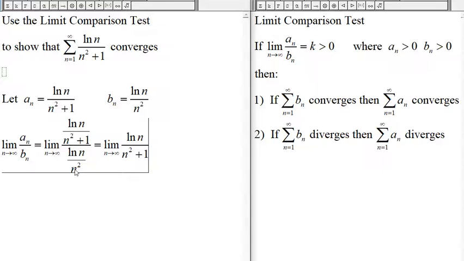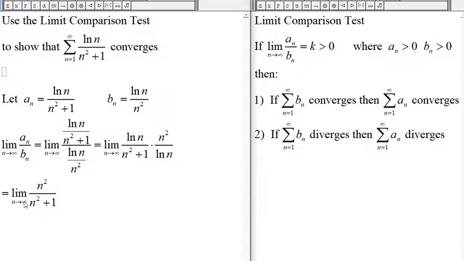Dividing by ln n over n squared is the same thing as multiplying by the reciprocal. And right here we can see that ln n and ln n will cancel out. And what's left is n squared divided by n squared plus 1.